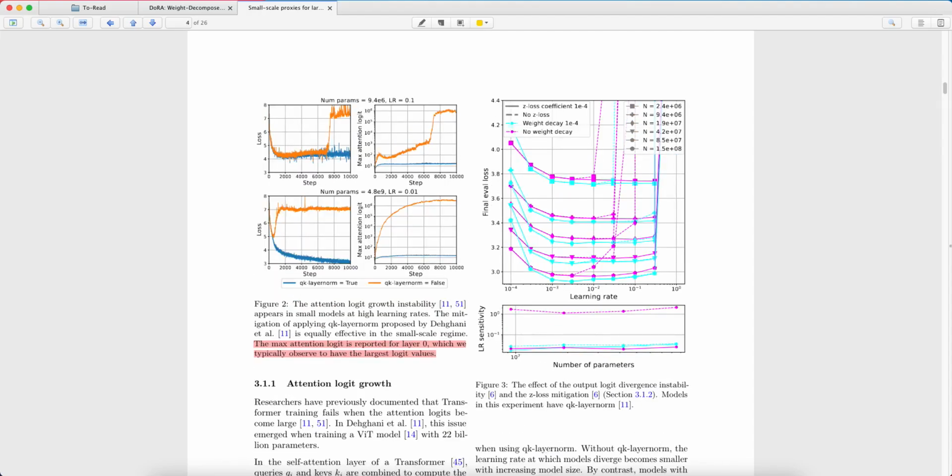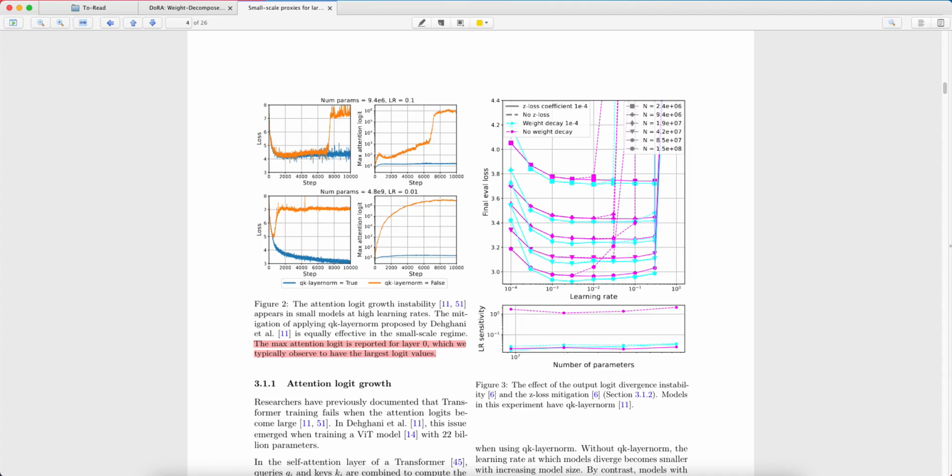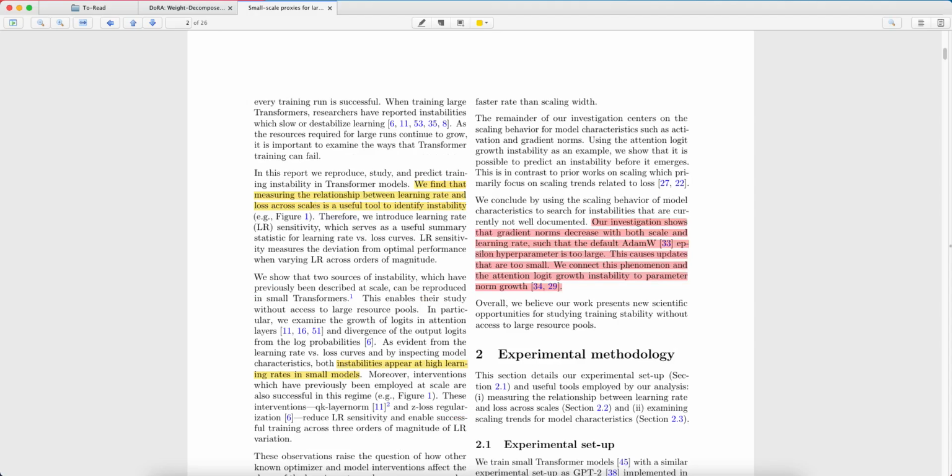Second thing that comes to mind is I absolutely want to measure these attention logit mean values, these output logit values. I'm not sure how easy or difficult it would be to implement qk-layernorm or z-loss, but that would be really cool to try to implement and train a small model, like a TinyStories type model.